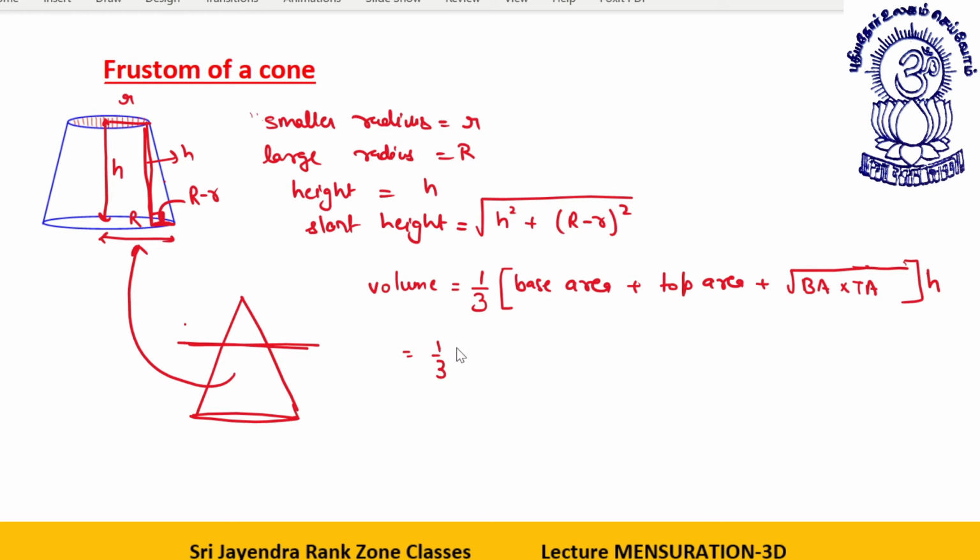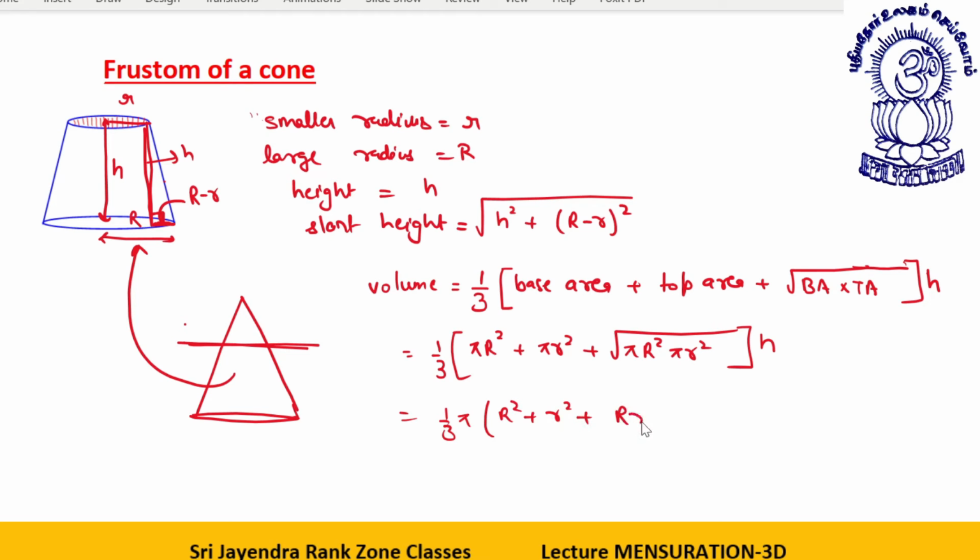So what do you get? You get 1 by 3. Base area is pi R square. Top area is pi r square plus under the root pi R square into pi r square, into height. So you get 1 by 3 pi (R square plus r square plus Rr) into h. This is the volume for a frustum of a cone.